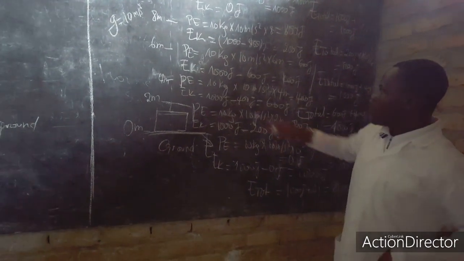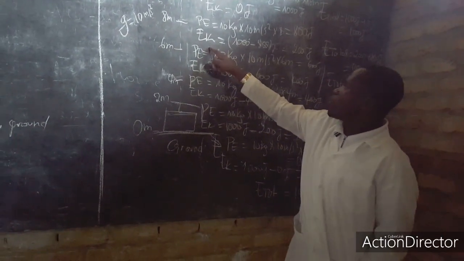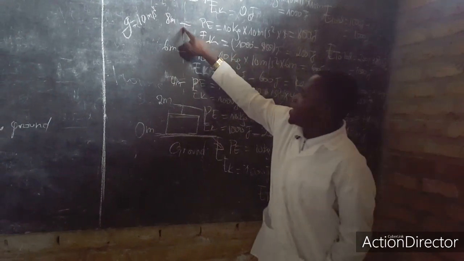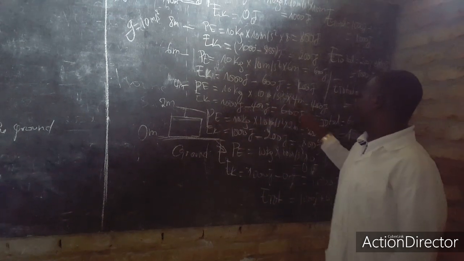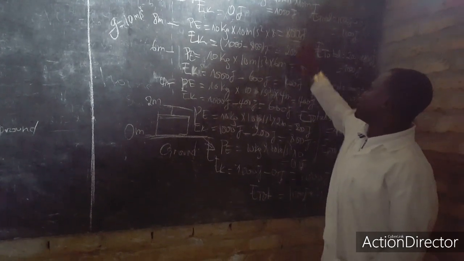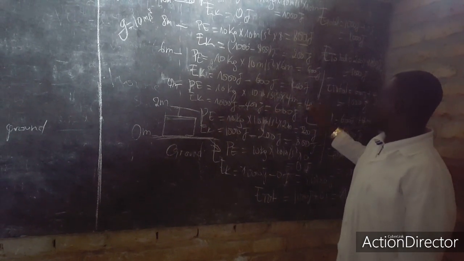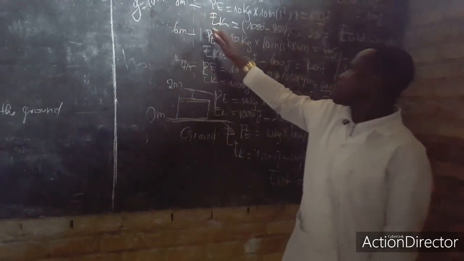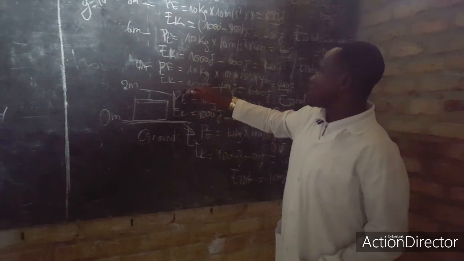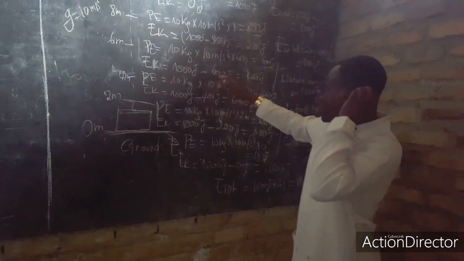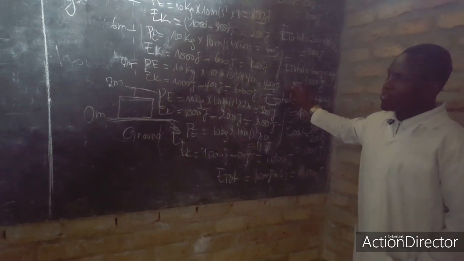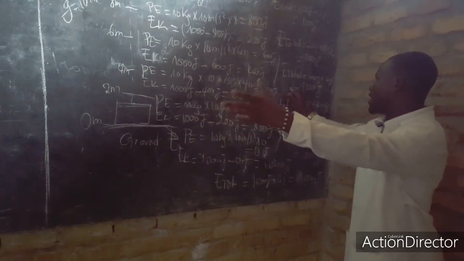So this means that when the potential energy decreases, the kinetic energy increases. So from our example, it is clear that as the height decreases, potential energy also decreases. So when the potential energy was decreasing, kinetic energy was also increasing at the same time, so as to keep our total energy constant as our law states.